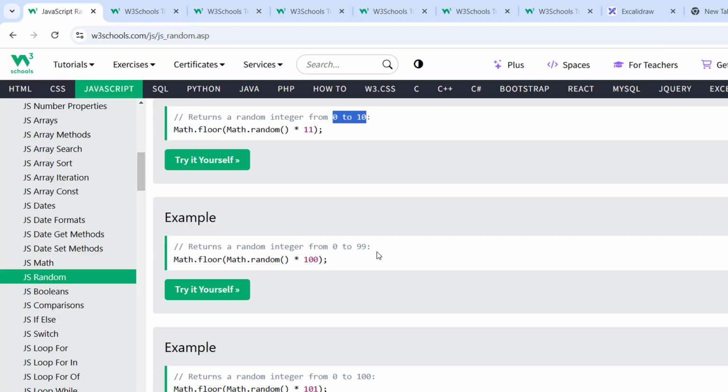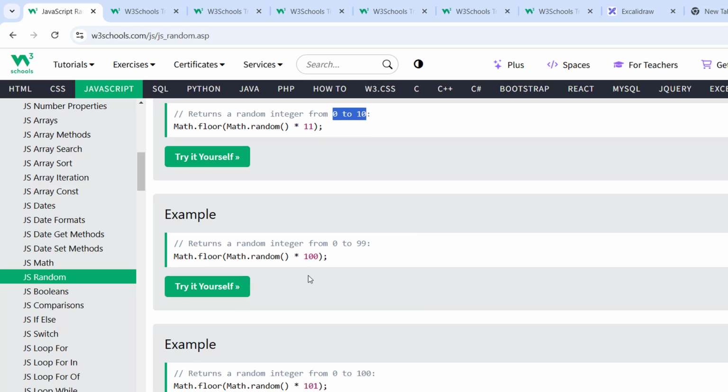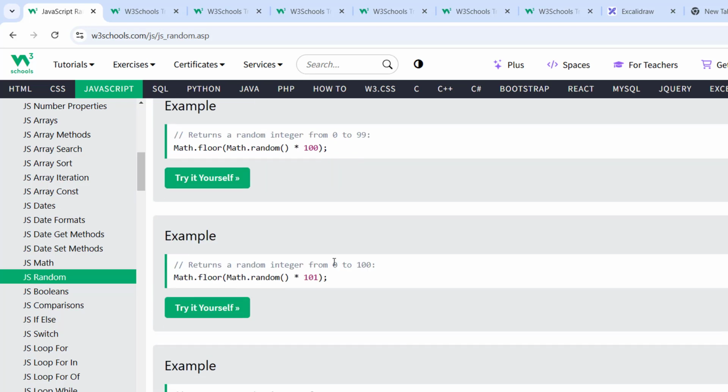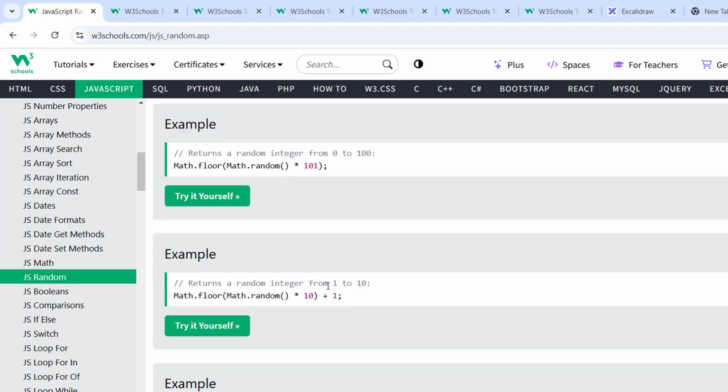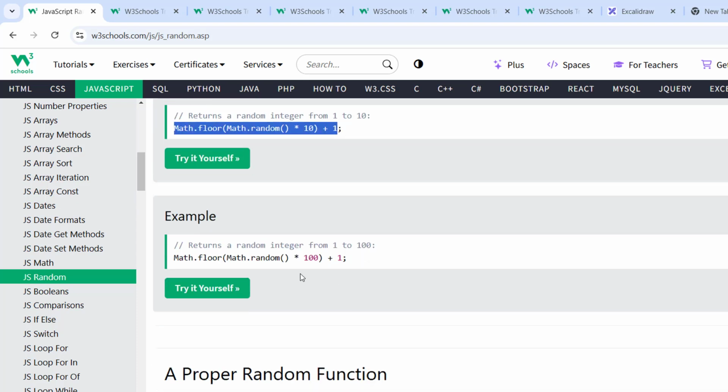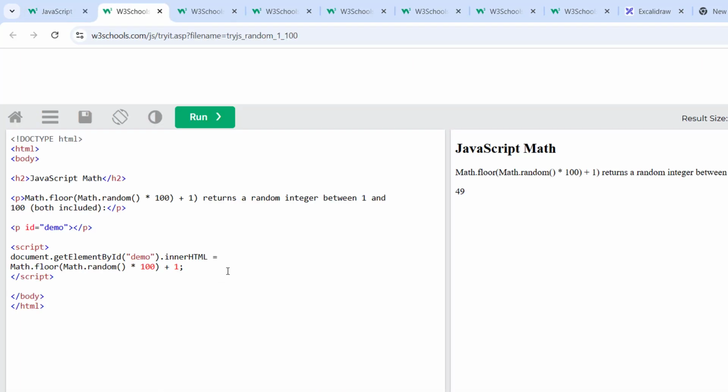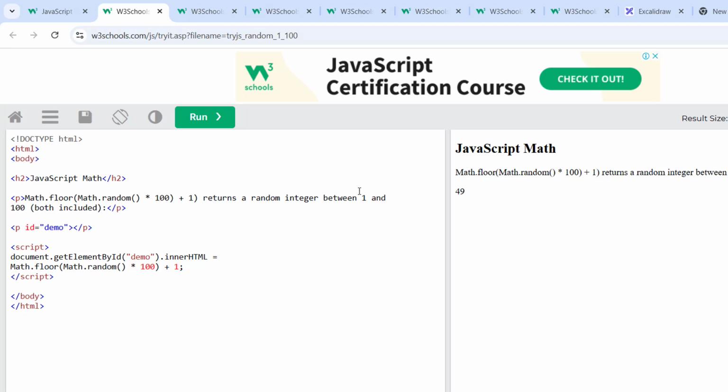If you want 0 to 100, you follow this technique, and for a random integer from 1 to 10 you follow this technique too. This is simple, everyday math. For 1 to 100, both included, it will give you a random number from 1 to 100.